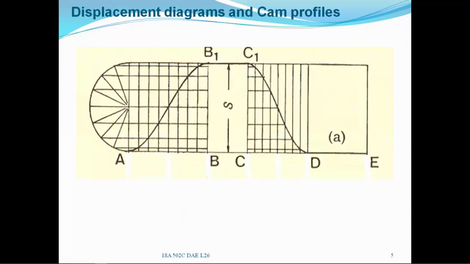And here is the simple harmonic motion displacement diagram, as we are already aware, and how to draw this diagram also we have discussed previously for knife edge follower.